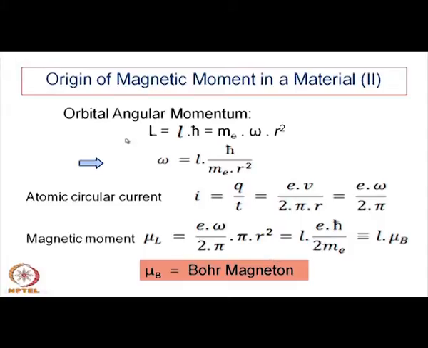So, one can see the orbital magnetic moment is actually some integer multiple of mu b, this particular term. So, depending on the value of L, the total orbital magnetic moment will vary.